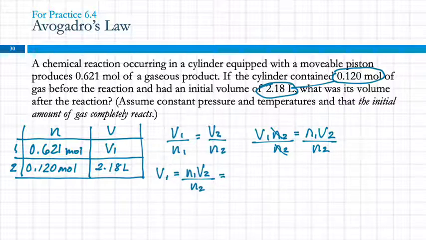So N1 is 0.621 moles, and V2 is 2.18 liters, and N2 is 0.120 moles.